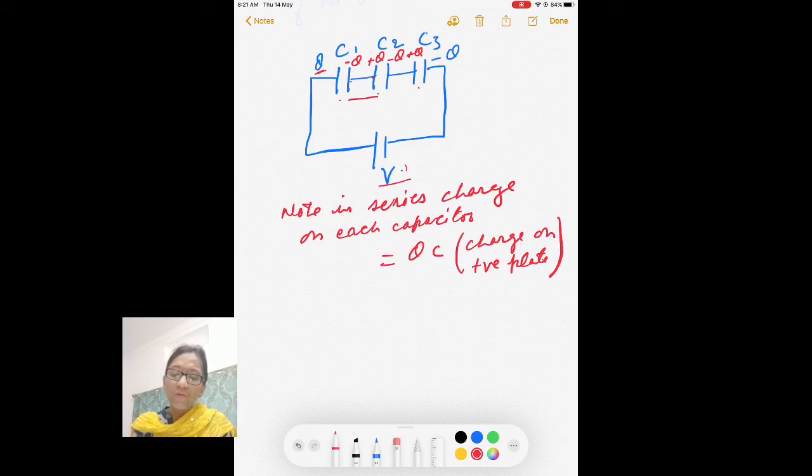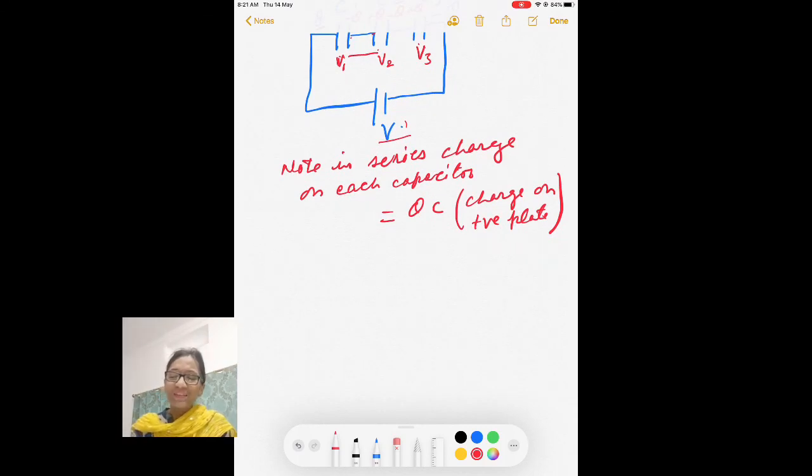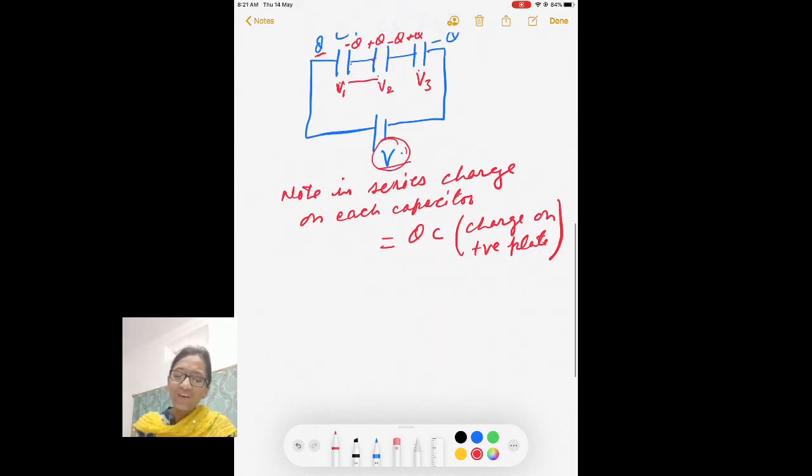Suppose V1 work is done in bringing unit charge on C1, V2 work is done in bringing unit positive charge on C2, and in this way V3 work done means potential. What is potential? Work done per unit charge. Energy is the capacity to do work. So net work or net energy must be equal to all the work done.